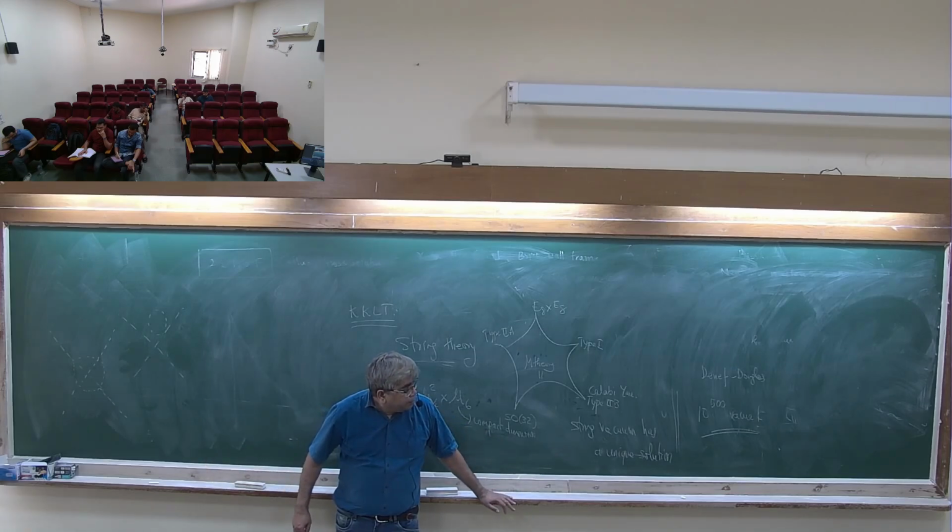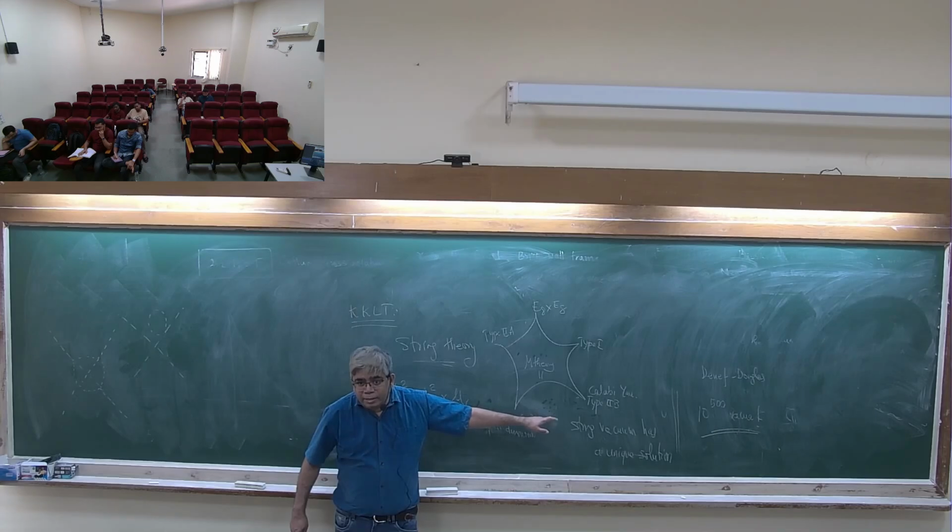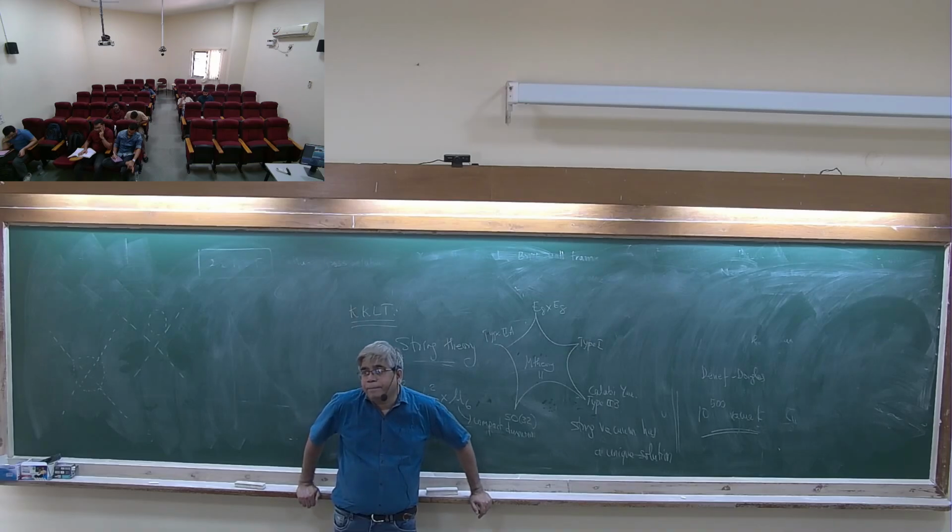Okay, so these are all called flux vacua in type IIB. That was first. And then they questioned that string theory doesn't support de Sitter vacua. De Sitter vacua are essentially vacua in which there is a positive cosmological constant.